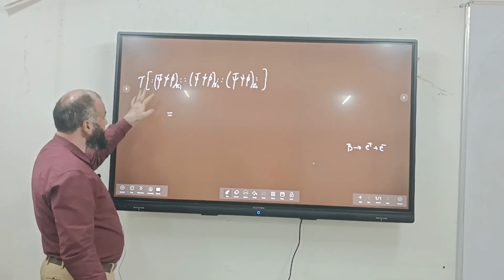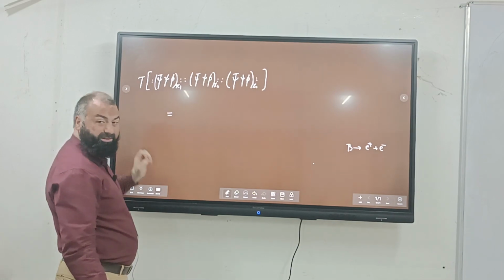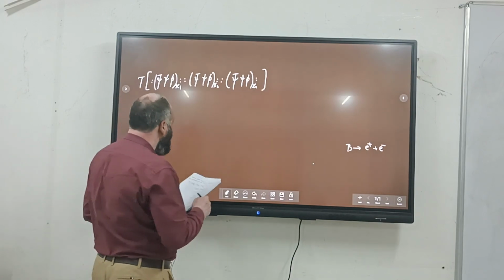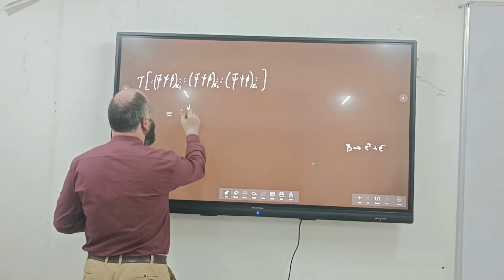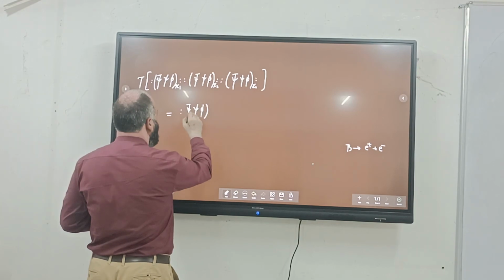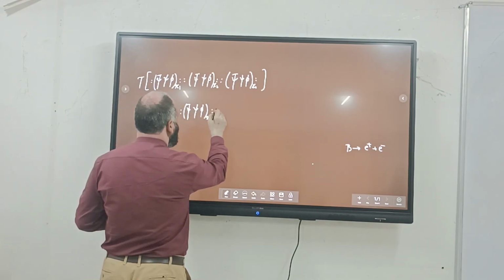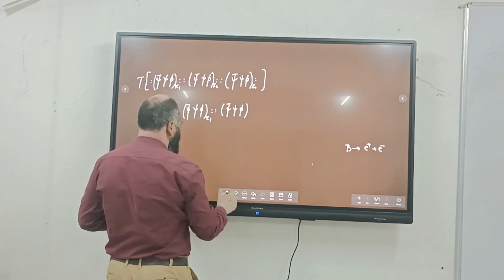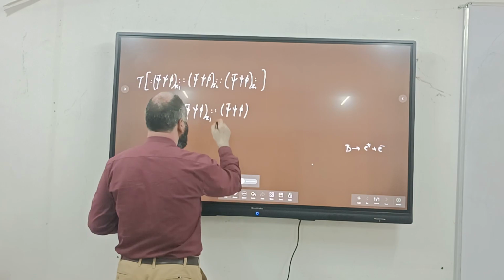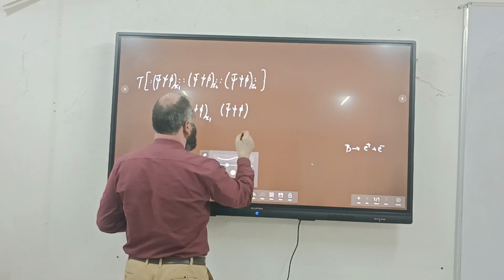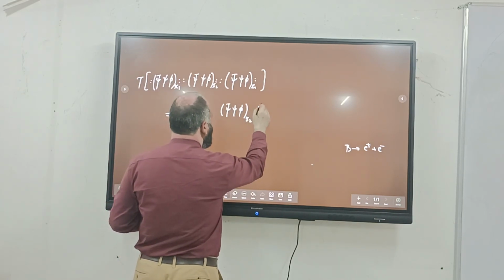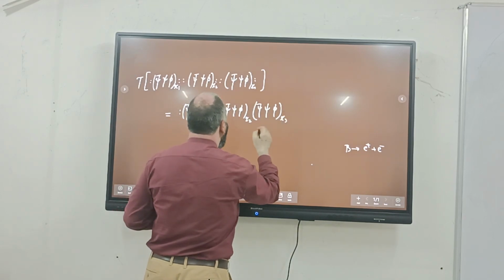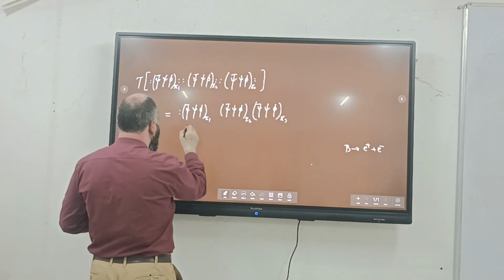At the third order perturbation, we have seen yesterday this kind of term, and we have already obtained one diagram. Let me write those terms again so that you will understand it properly. We have to put all the possible contractions. This is one of the contractions which we have already seen.